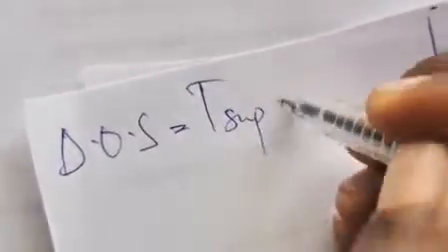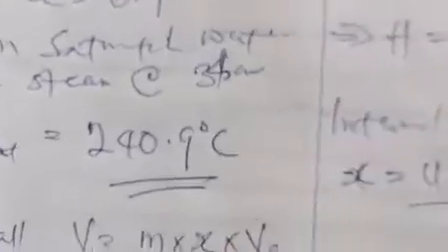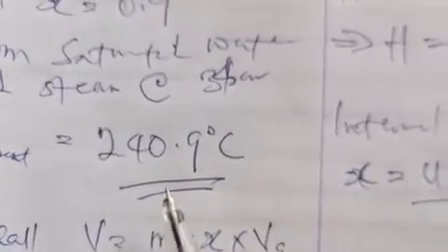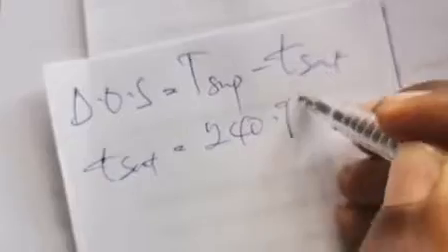Now we're left with finding the degree of superheat. As you all know, degree of superheat is simply superheated temperature minus saturation temperature. We already found the saturation temperature at that given pressure, and we obtained that temperature to be 240.9 degrees Celsius.